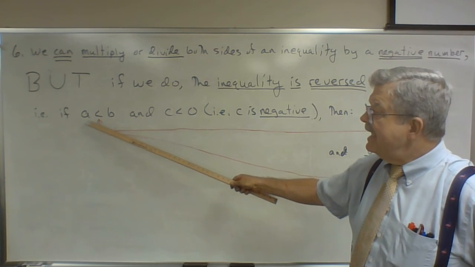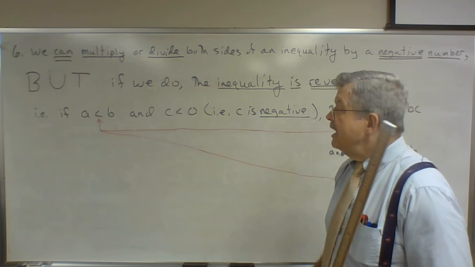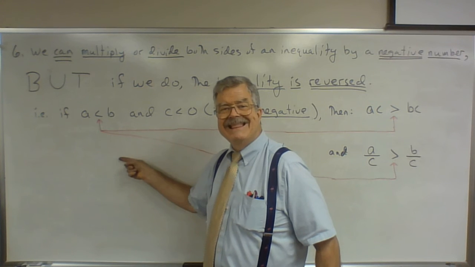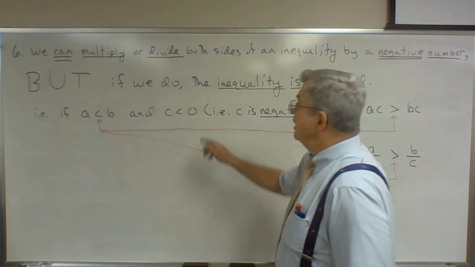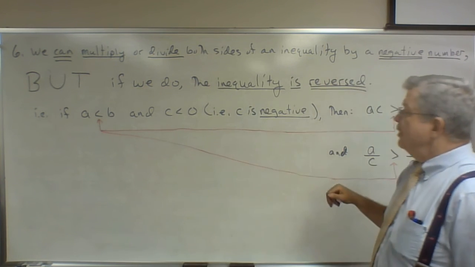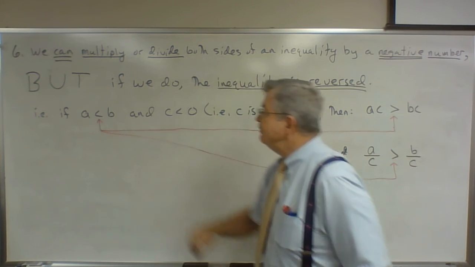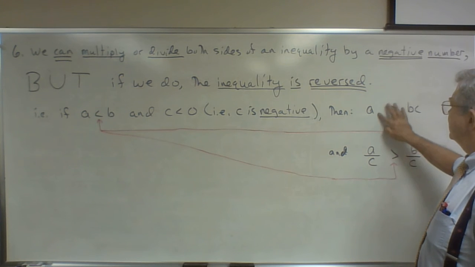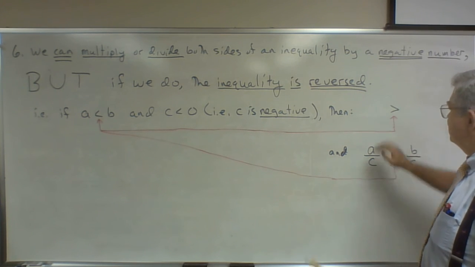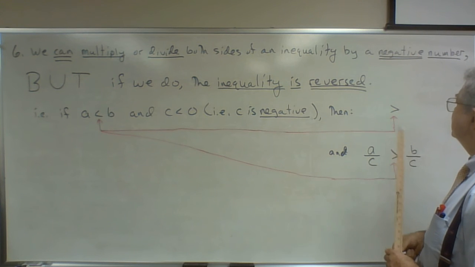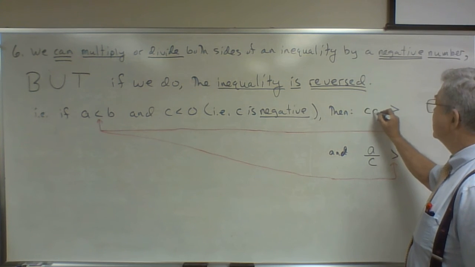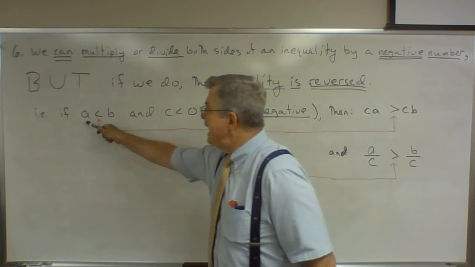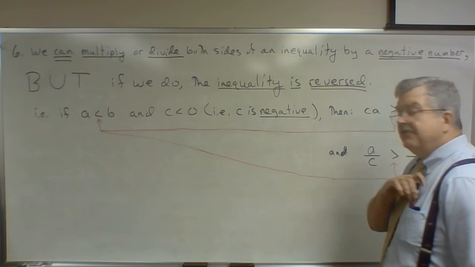Here we have A less than B, and notice the direction that the inequality is pointing. It's pointing that way. C is negative. We multiply both sides by C. Tell you what, I'll put CA and CB. So I take the inequality A less than B. C is negative.